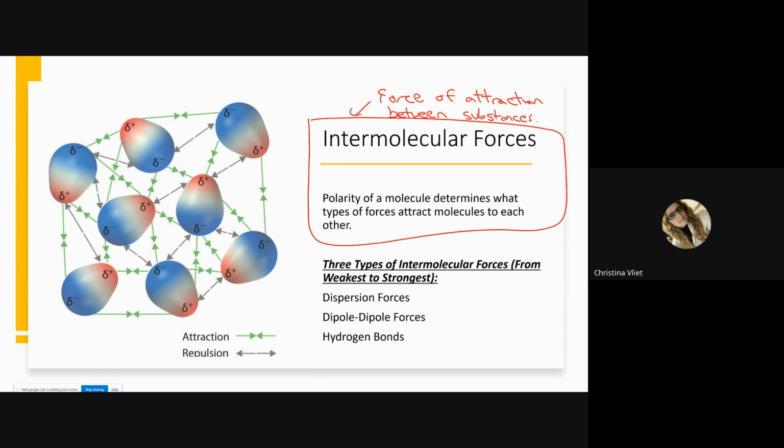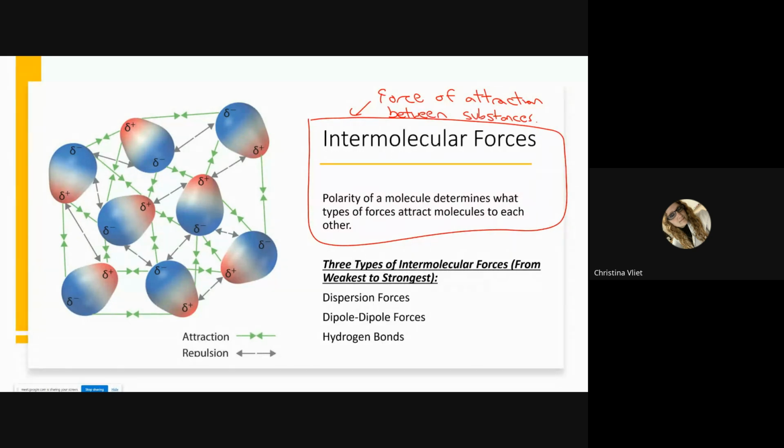Substances is the chemist word for stuff. If I don't want to specify if I'm talking about a molecule, an atom, or an ionic compound, I can call it a substance and it covers everything. Although today we're looking only at molecules, intermolecular forces also cover all types of substances.